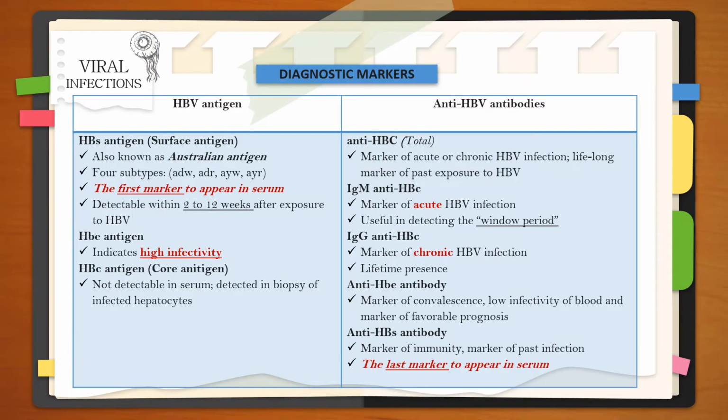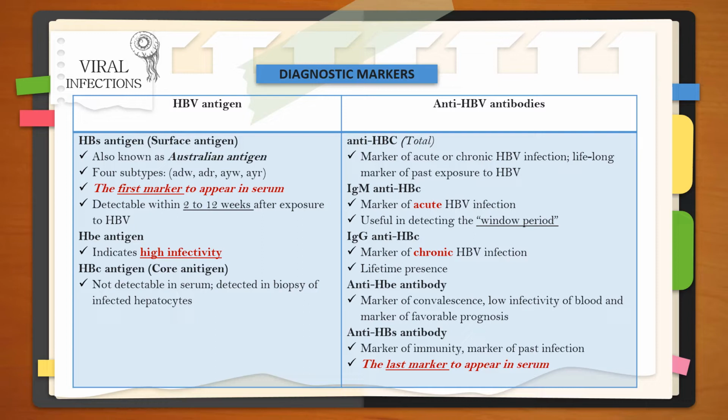So these are the diagnostic markers for HBV infection. Class, HBs antigen, or technically HBsAg, is also known as the Australian antigen. It has four basic subtypes mainly found on the surface of the Dane particle: ADW, ADR, AYW, and AYR, which will be discussed elaborately in your IS lecture.